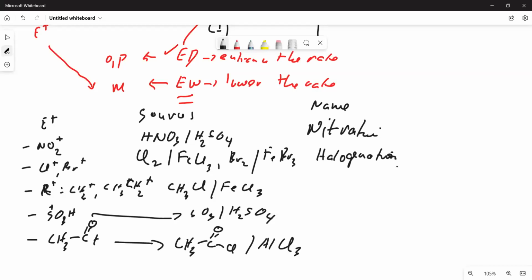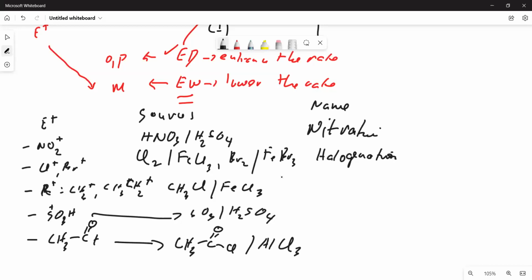We have halogenation in alkene and alkyne, which utilizes a nonpolar solvent like carbon tetrachloride. Dichloromethane can also be used. And then now we have halogenation in benzene, which utilizes chlorine in the presence of a Lewis acid. So you should be able to distinguish these three sets of reagents for the three types of reactions.